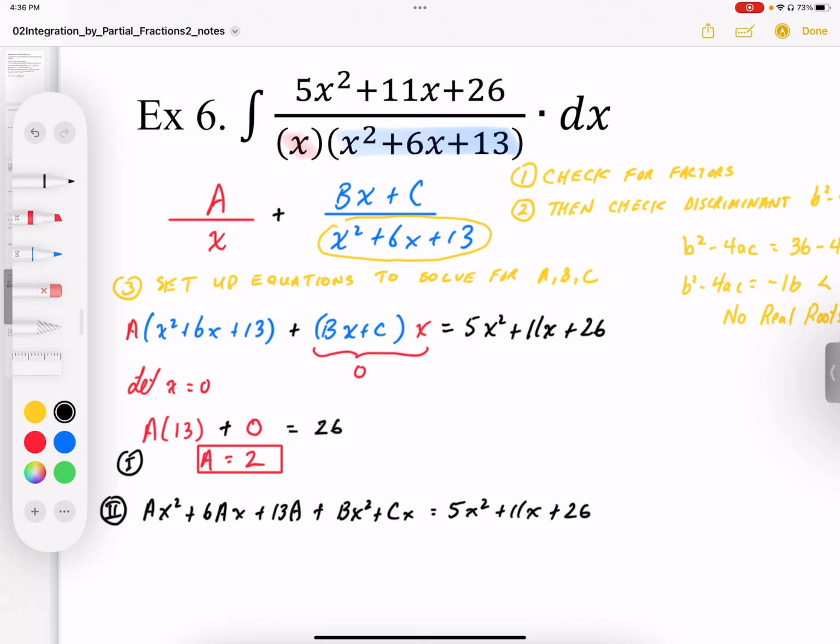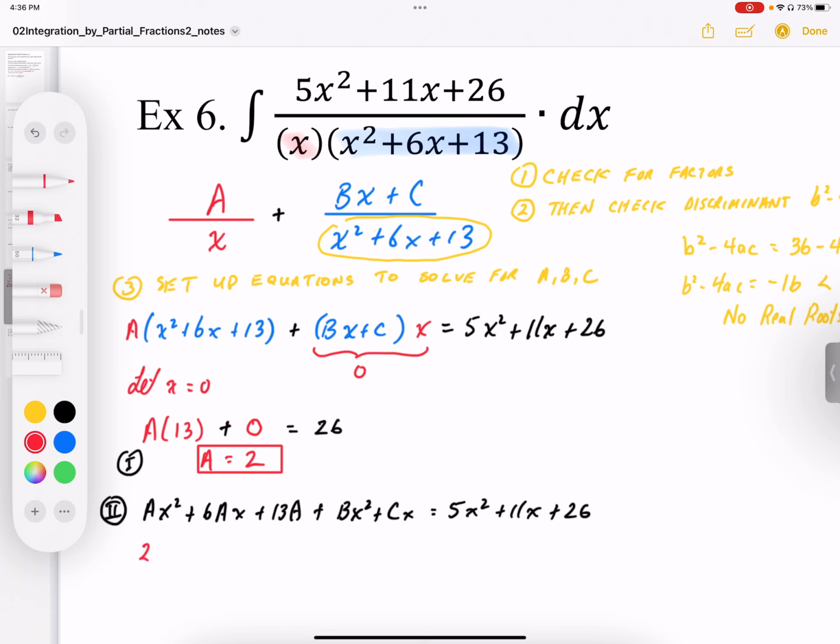The first part, solving for A, I just made one of the factors equal to 0. For solving for B and C, I'm going to equate coefficients. Since I already have A, I'll replace it.